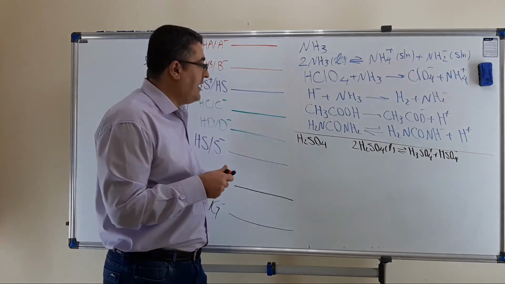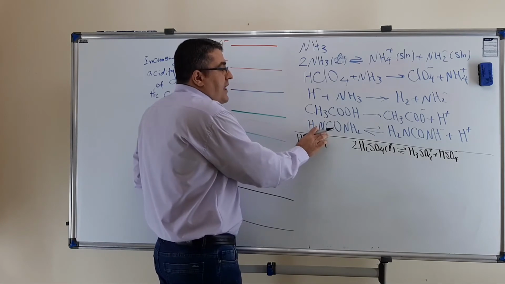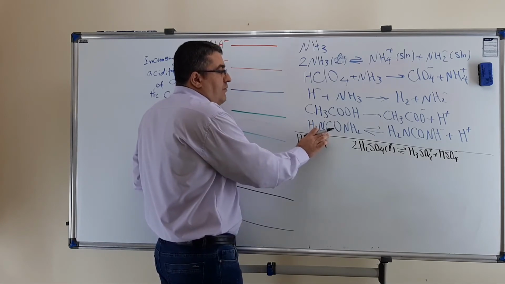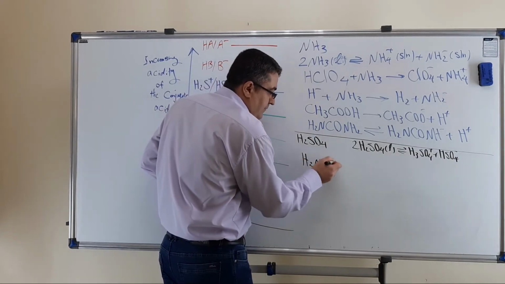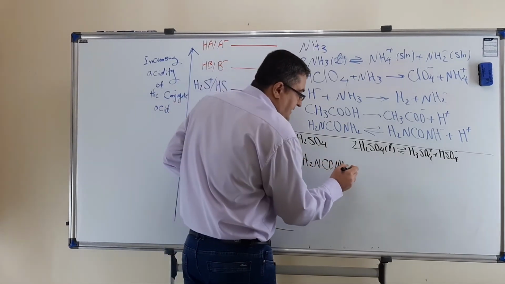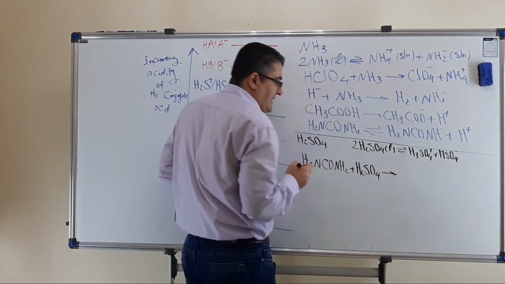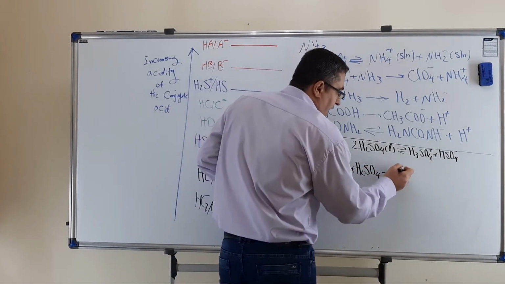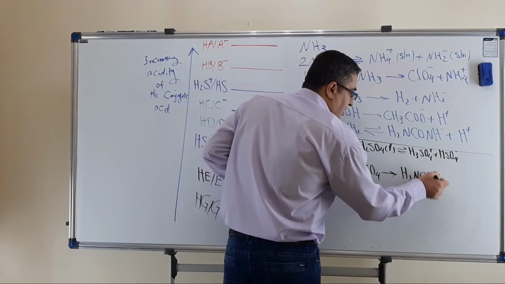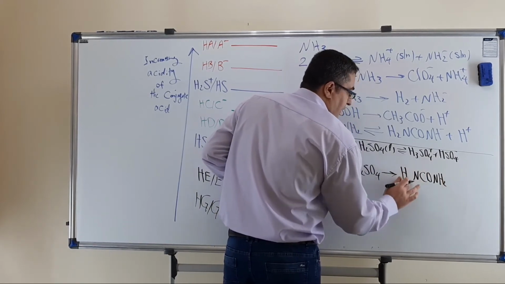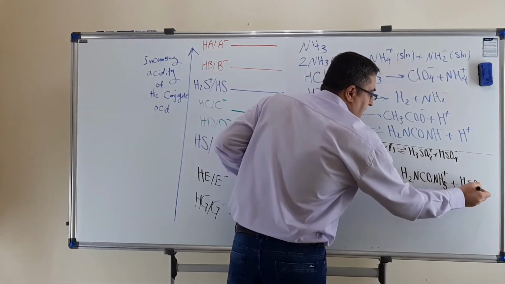For example, urea is a non-electrolyte in water, but it is a strong base in sulfuric acid as the solvent, and its base dissociation reaction here is complete.